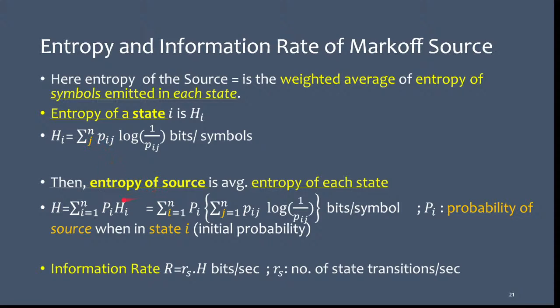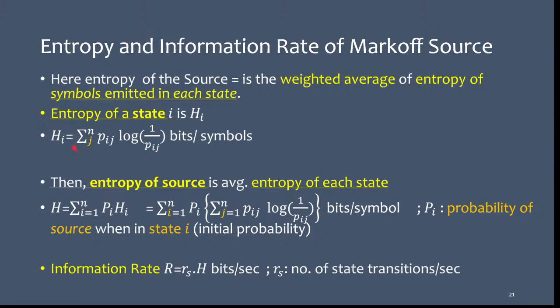Okay. Next, the entropy of the source. Entropy of the source is the average entropy of each state. Okay, how to find that? So the entropy of the source is equal to summation Pi Hi. What is Pi? Pi is the probability of the source when it was in some state i, multiplied by Hi.